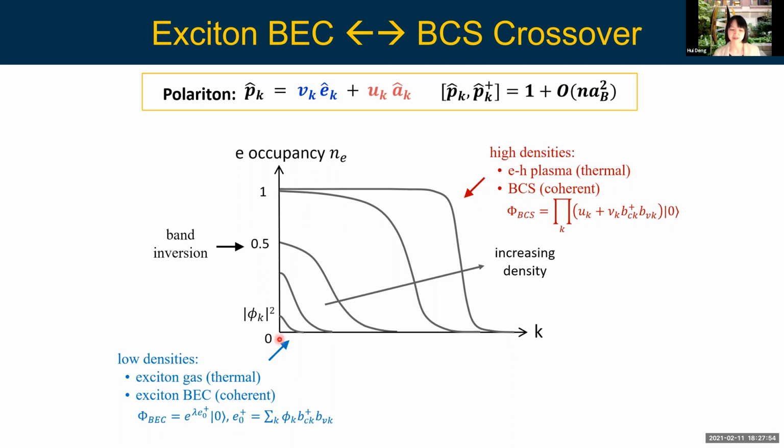But here you have the electron and the hole forming a Cooper pair, in quotation marks. But the underlying physics, or the formula to describe them, actually turns out to be very much the same. And that is what is called the BEC to BCS crossover. Here is the BEC limit, and here is the BCS limit.